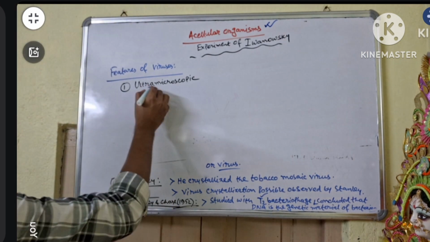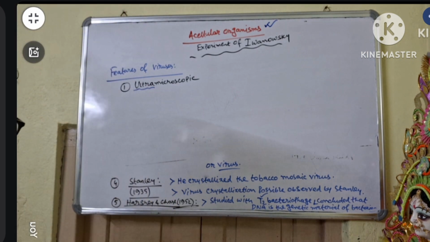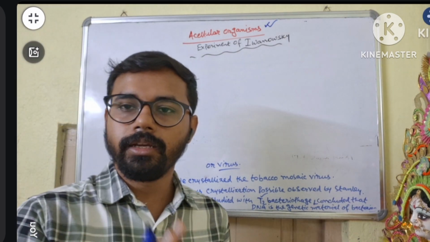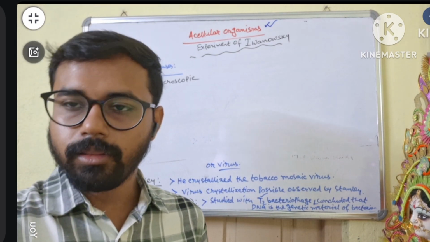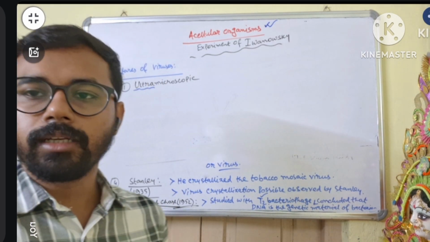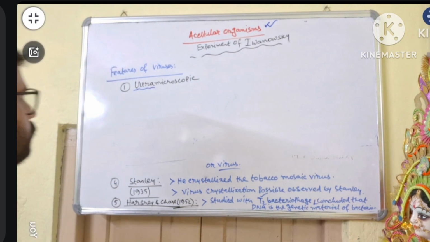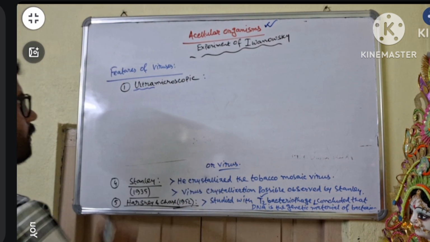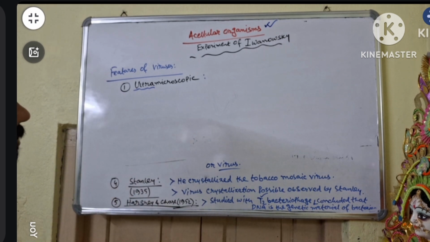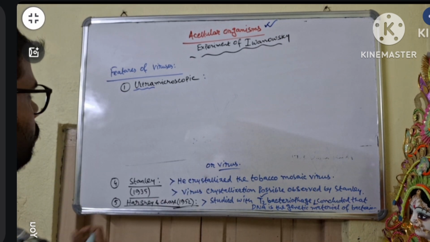That's why the prefix ultra came, because ultramicroscopic means it needs a powerful microscope that zooms the structure many times. The microscope needed for virus observation is the electron microscope.